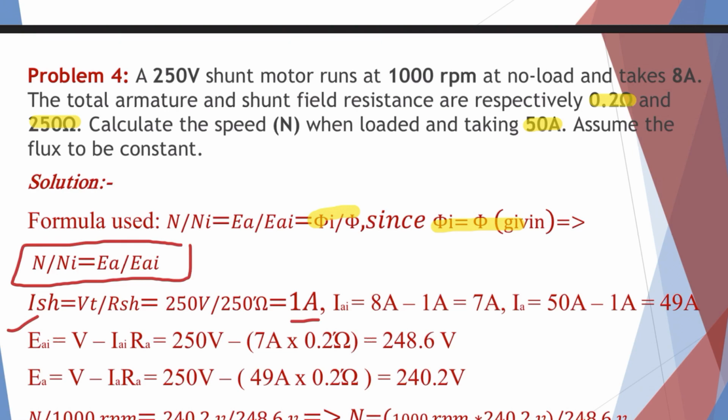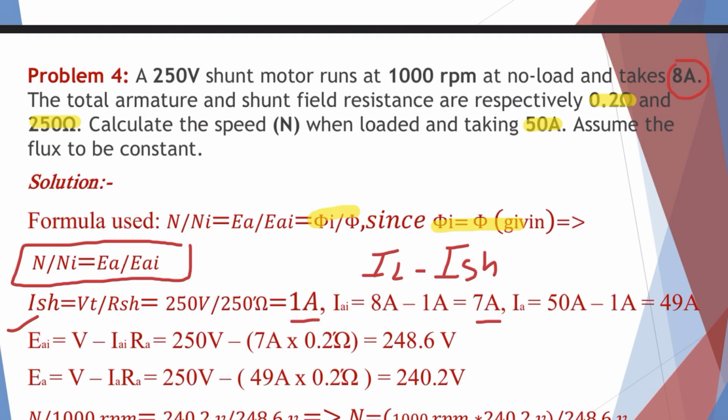Then IA will equal 8 minus 1. What is 8 here, guys? This is the load current, IL. So IL minus the I shunt we already found, 8 minus I shunt.